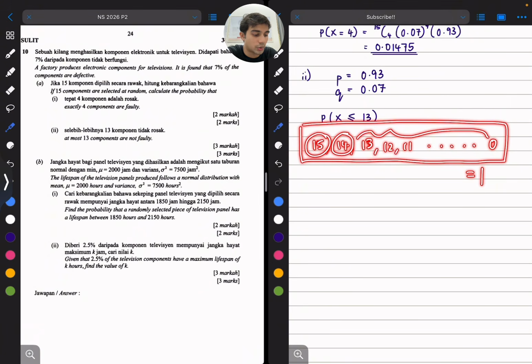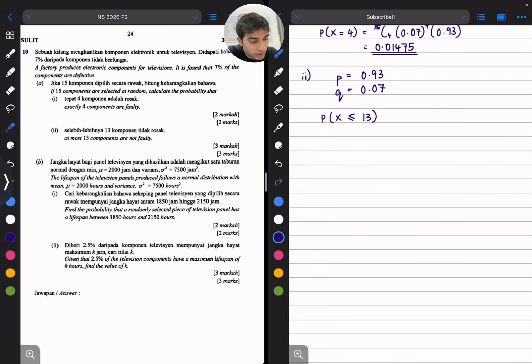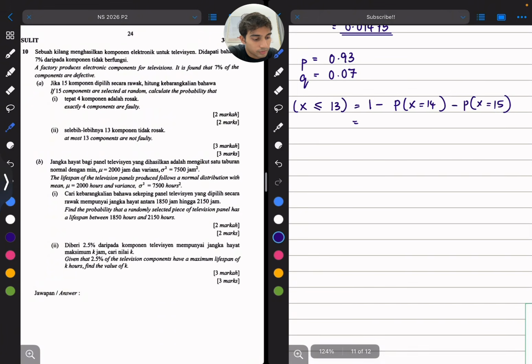In any probability question, the total probability must be 1. So the total probability minus the probability of getting 15 and 14 will give us all this. So we do 1 minus the probability of x equals 14 and x equals 15.